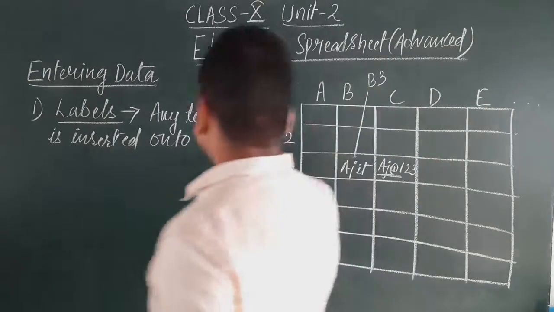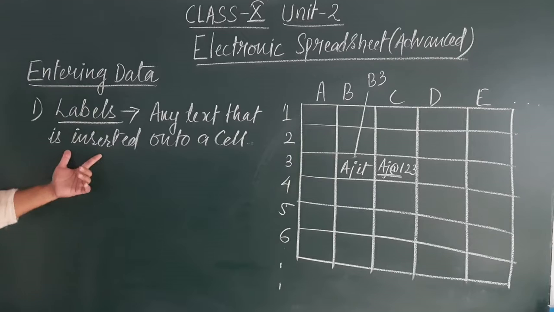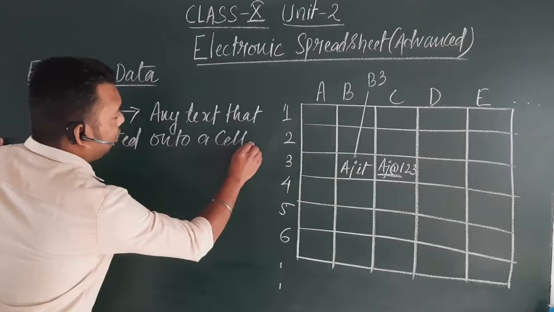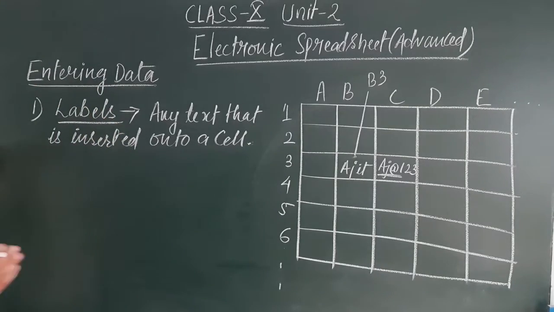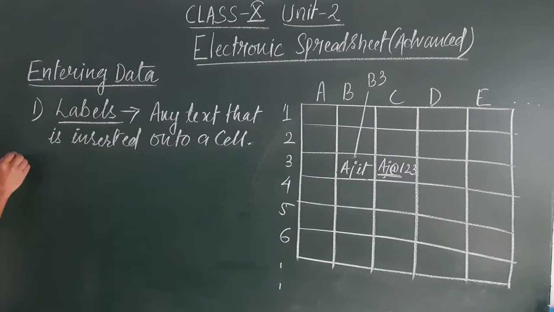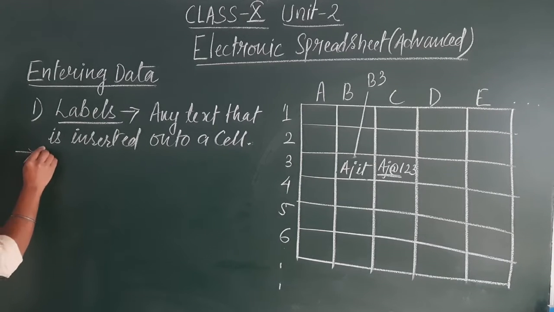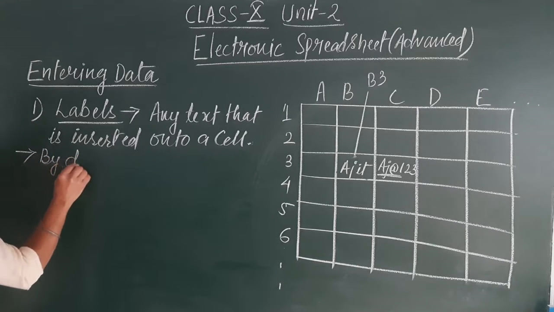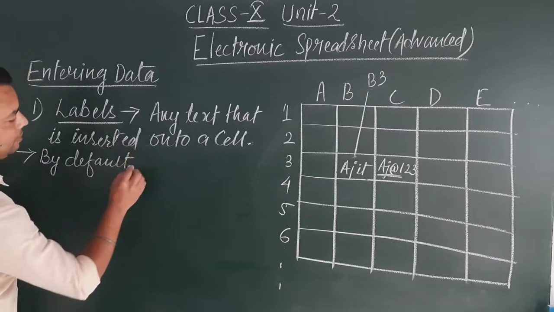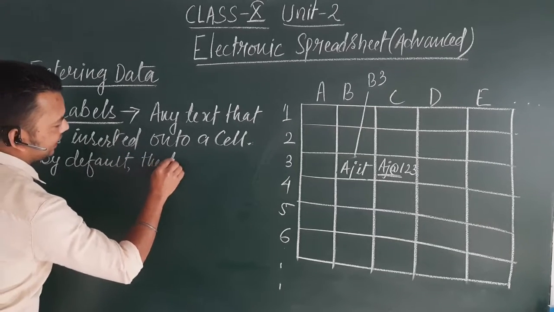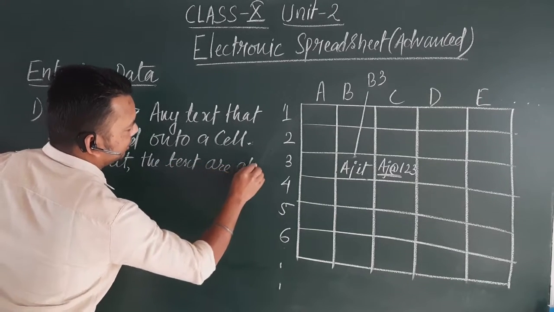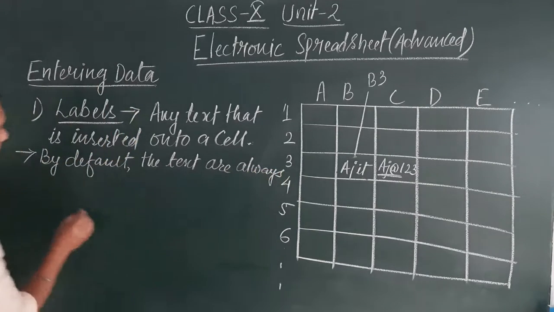Moreover, whenever we enter labels inside our spreadsheet application, by default the content which we insert is always left aligned, always aligned towards the left. So one more important point is that by default in any spreadsheet application, the text, which can also be considered as labels, is always left aligned.